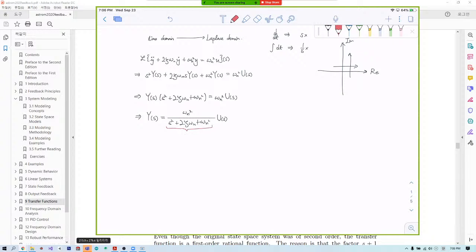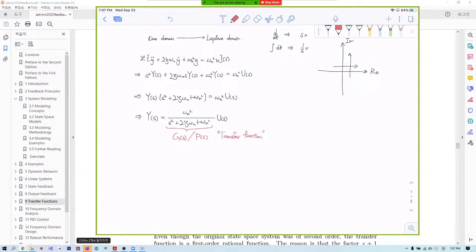And this thing right here is called the transfer function, and often denoted by G(s) or P(s). It's called the transfer function because when multiplied by the input in the Laplace domain, this function gives the resulting output function in the Laplace domain, because it actually transfers the input signal to the output signal.